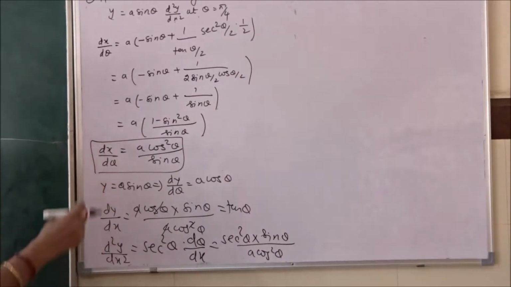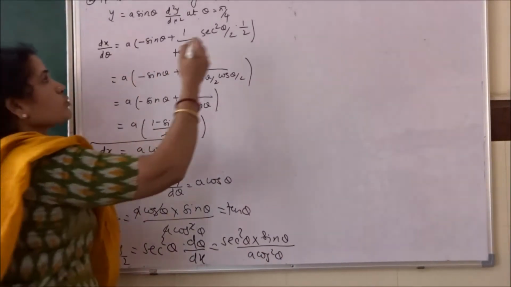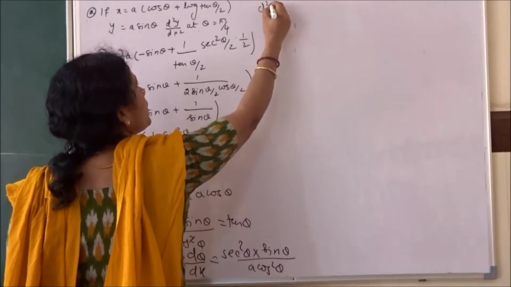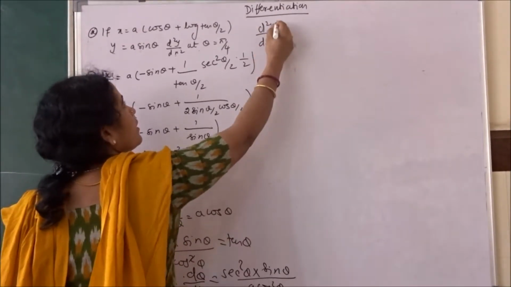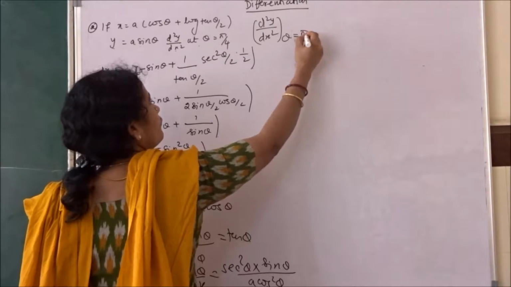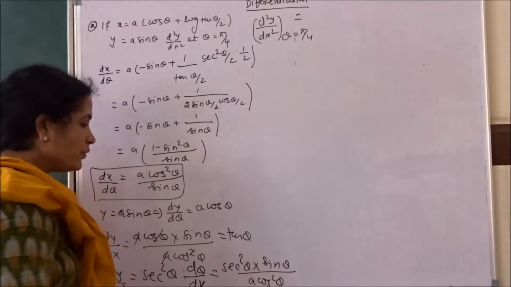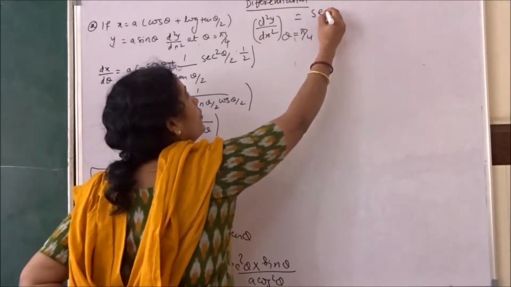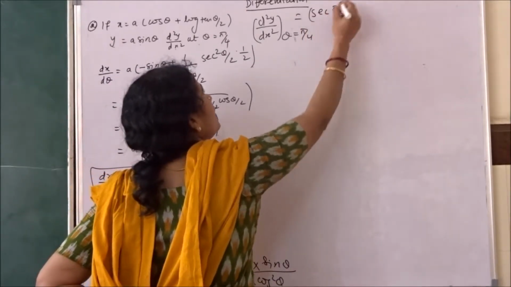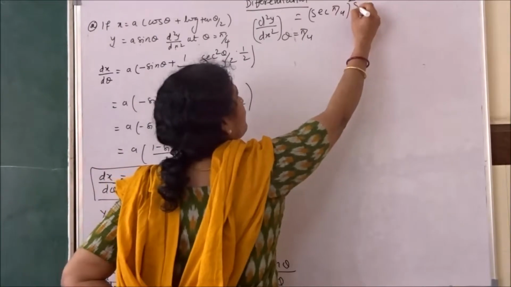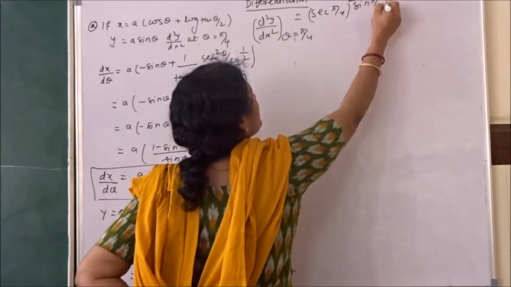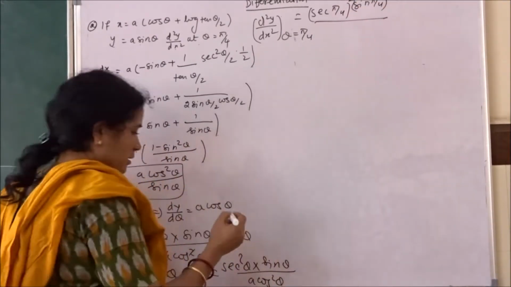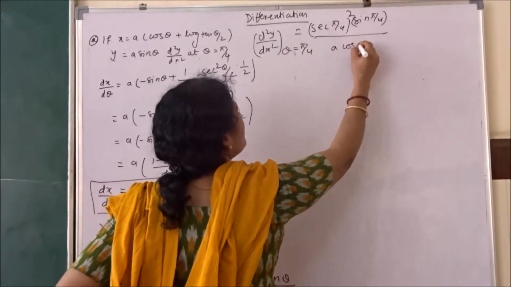Now substitute. They are asking d square y by dx square at theta equal to pi by 4. Now that is equal to, instead of theta if I keep pi by 4, sec of pi by 4 the whole square into sin pi by 4 into sin pi by 4, the whole upon a into cos pi by 4 the whole square.